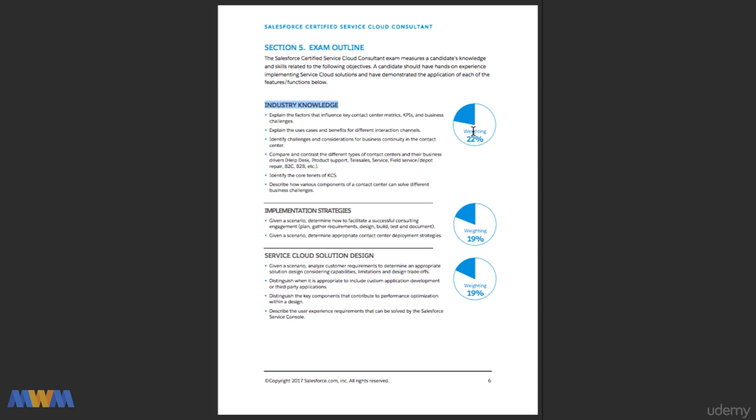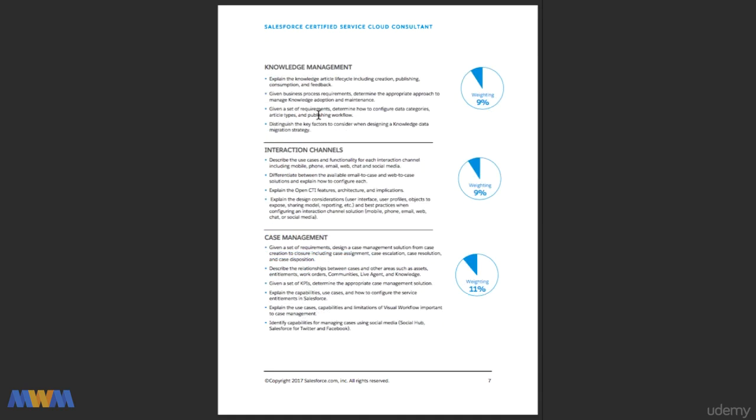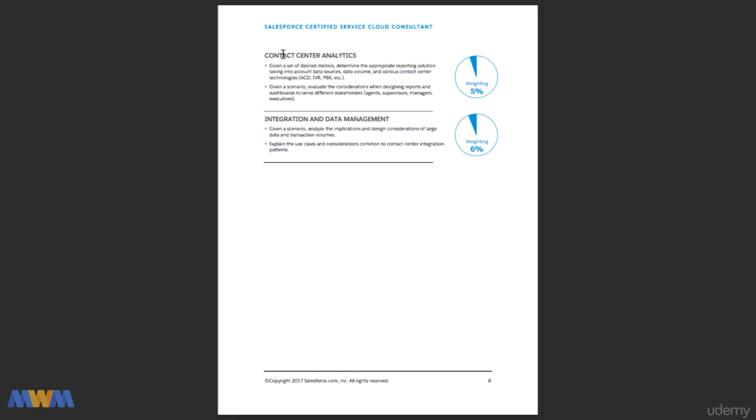There's a section in my course corresponding with each knowledge area, and those go in order. So I've structured the course to follow the structure of the exam guide knowledge areas. We've got sections related to industry knowledge, implementation strategies, the Service Cloud solution design, and then continuing onward, additional knowledge areas related to knowledge management, interaction channels, case management, and then finally contact center analytics.